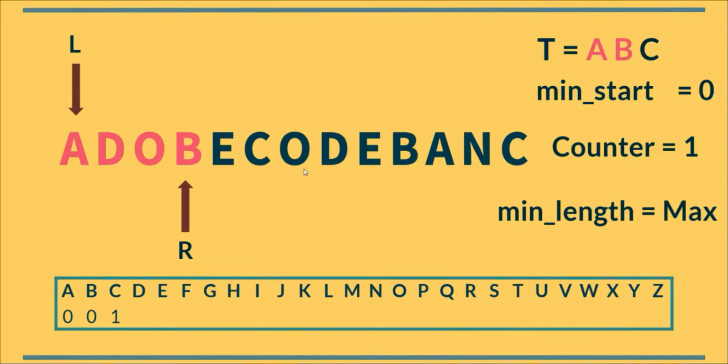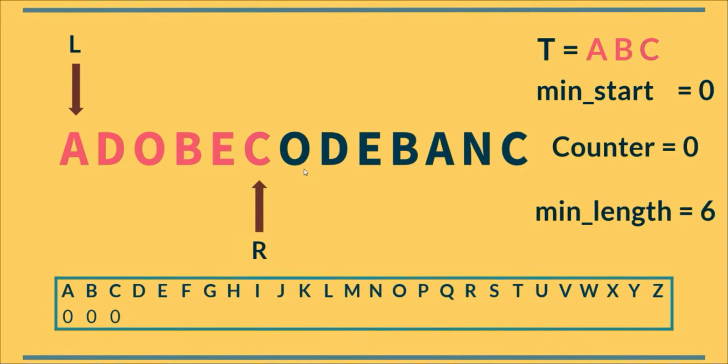So we move our R pointer towards the right. It points to E. E does not belong to T, so we ignore it. Now our R pointer points to C. So we decrement the value of C in our hash map. It becomes 0. And since it was a positive value, we decrement the value of counter.